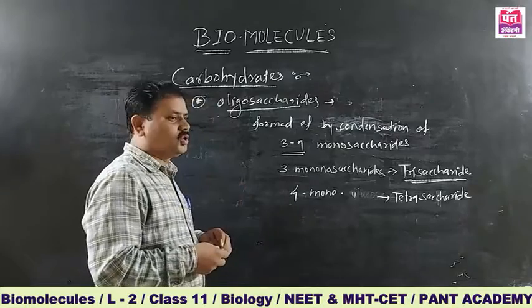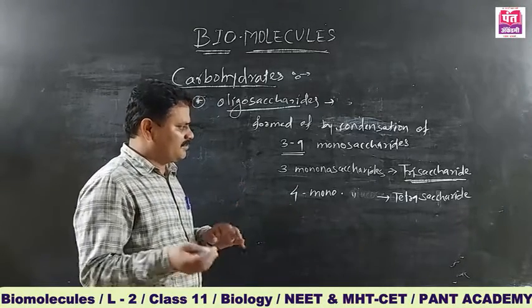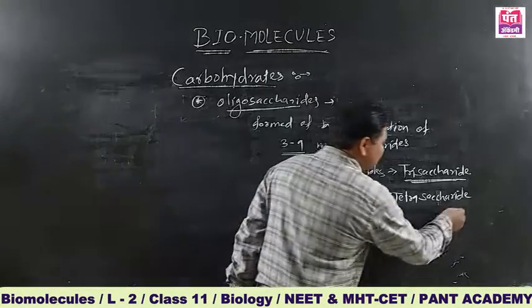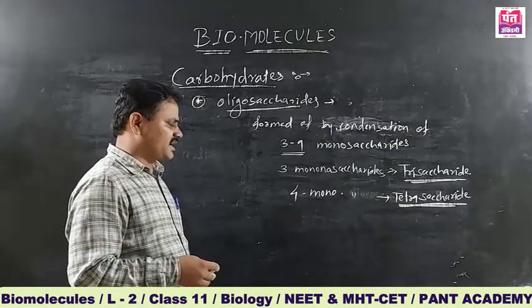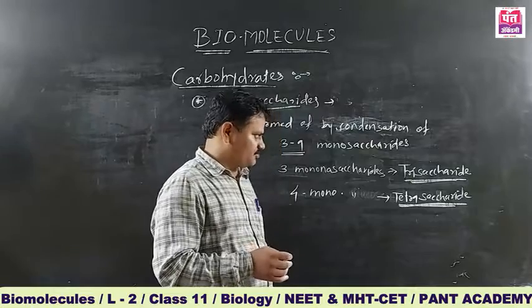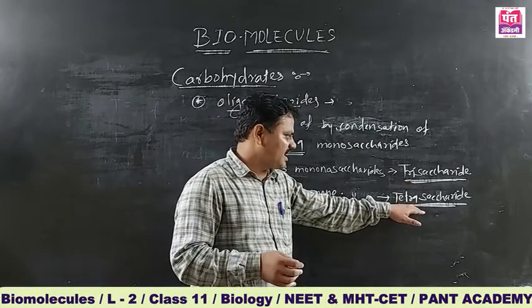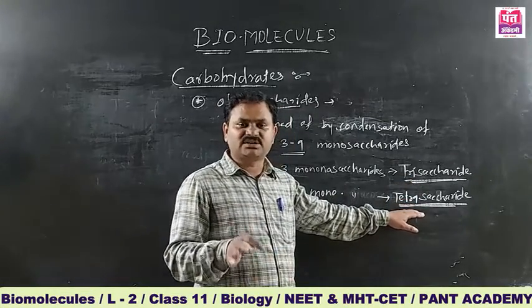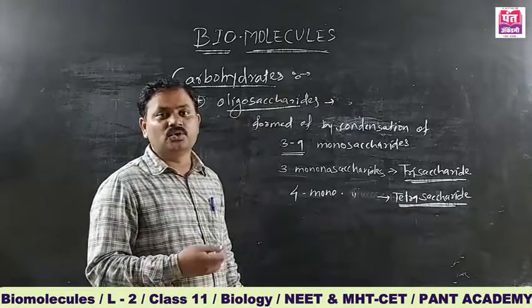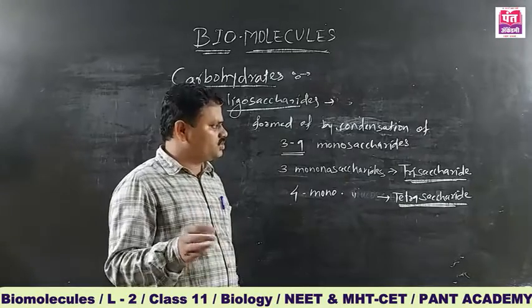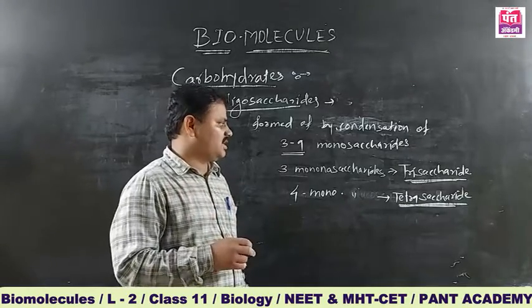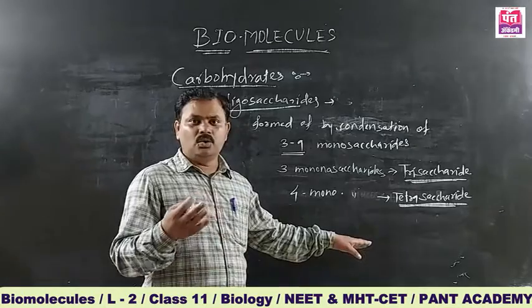But when we think of the oligosaccharide, what are the different examples? We will be thinking of the naturally occurring oligosaccharides. Naturally occurring oligosaccharides are only of 2 different types. One is a trisaccharide and another is a tetrasaccharide. Other kinds of oligosaccharides are synthetic, and therefore we need not discuss those.